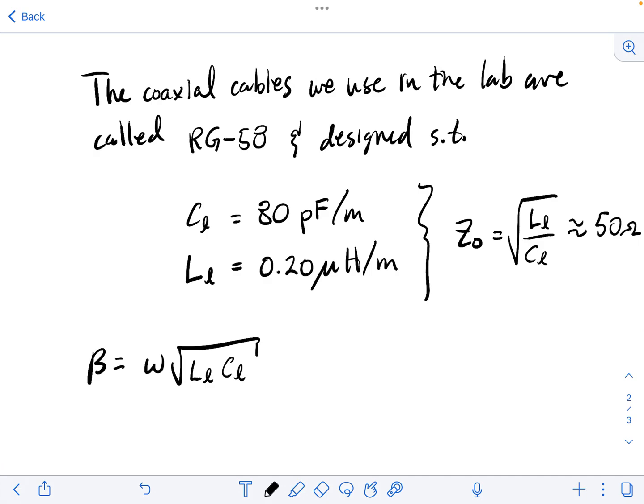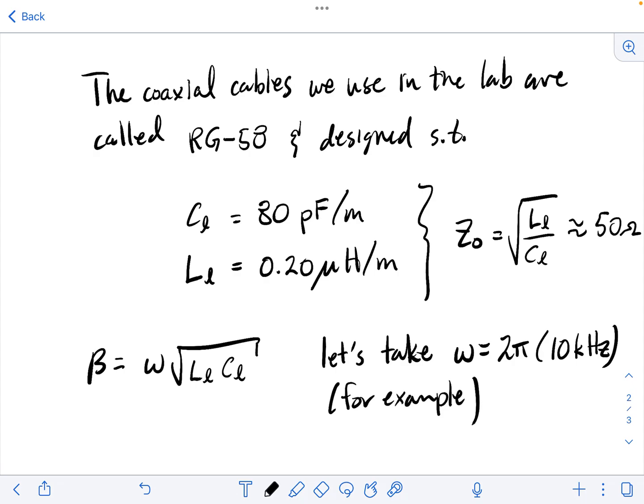And in Physics 231, we might have worked in the frequency range somewhere between typically a kilohertz and maybe 100 kilohertz. And so as a mid-range frequency, let's just take the frequency to be 10 kilohertz. So let's take omega equal to 2 pi times 10 kilohertz, just for example.